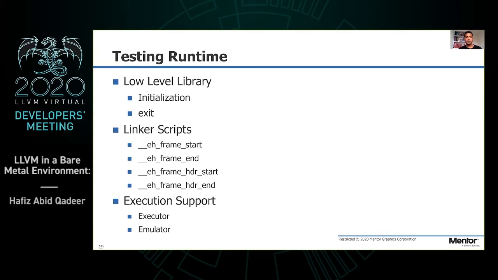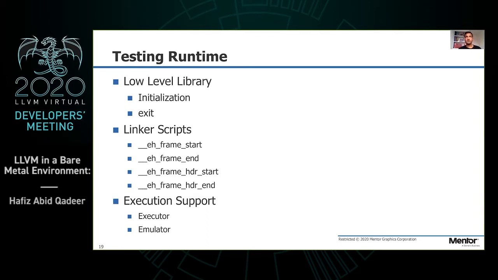And they need to point to the start of each eh_frame section and end of each eh_frame section. And similarly, the other 2 need to point to the start of each eh_frame_hdr section and end of each eh_frame_hdr section. Once you have these 2 things and your user code and the libraries, you should be able to build the test executable.